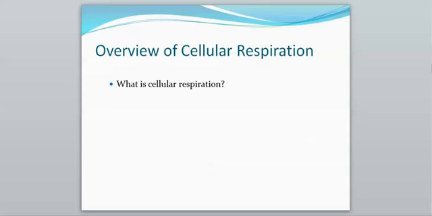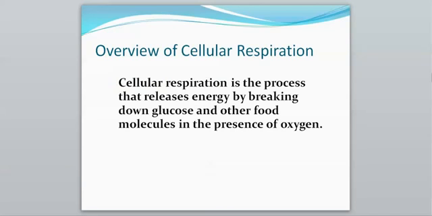It's a process that releases energy by breaking down glucose and other food molecules in the presence of oxygen. That is how humans, as an example of a heterotrophic organism, break down food to release energy. Remember, plants do it by photosynthesis, we do it by cellular respiration.